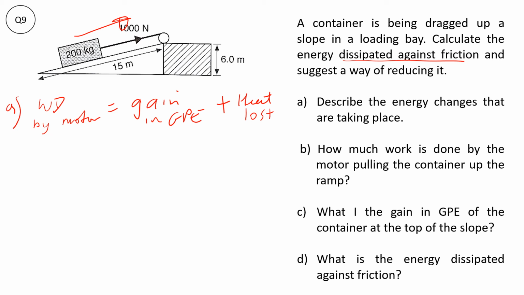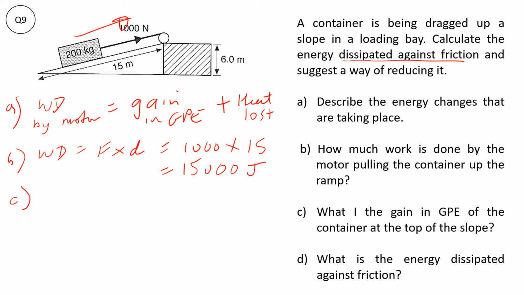B, how much work is done? Well, work done equals force times distance. That's equal to 1,000 being pulled up the ramp times 15. So that's 15,000 joules of work being done. What is the gain in GPE at the top? Well, mgh: the mass is 200, g is 10, the height gain is 6.